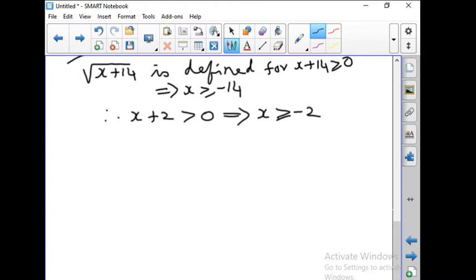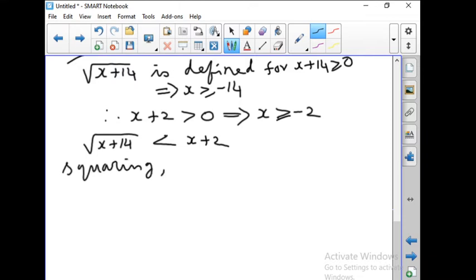Then, now factorize, we'll take the first one. So, what is the question? Square root of x + 14 is less than x + 2. So, to remove square root, we square this. So, squaring. When we square, left hand side square root is removed.